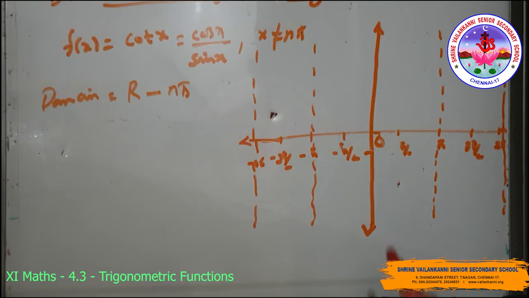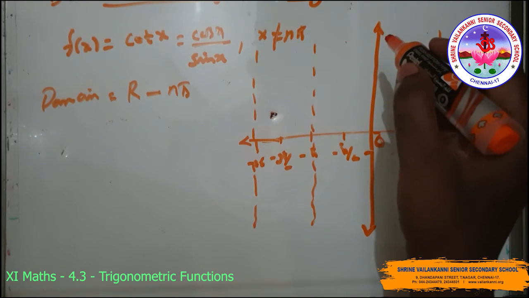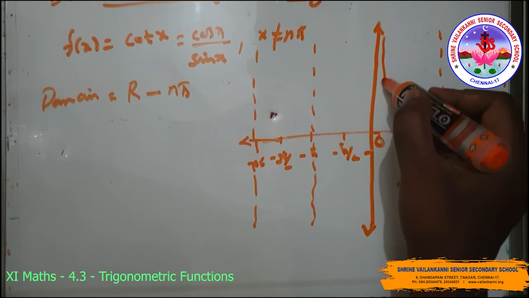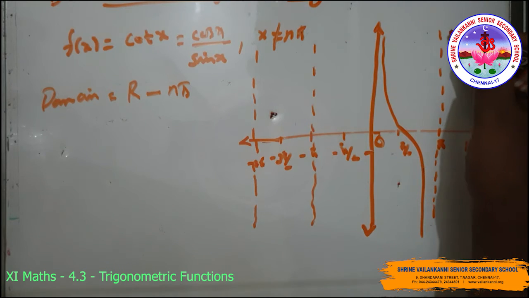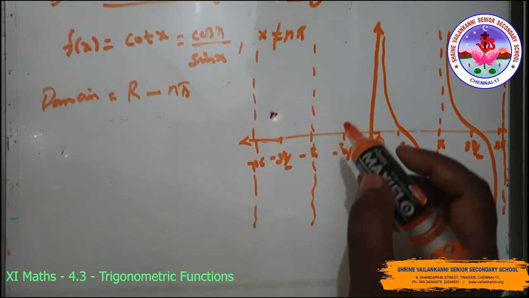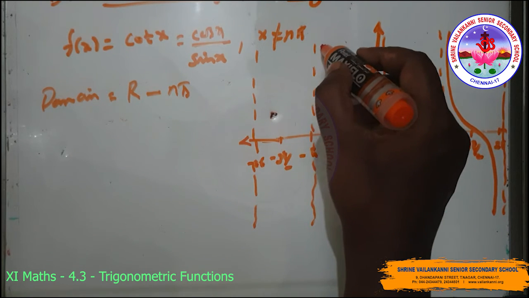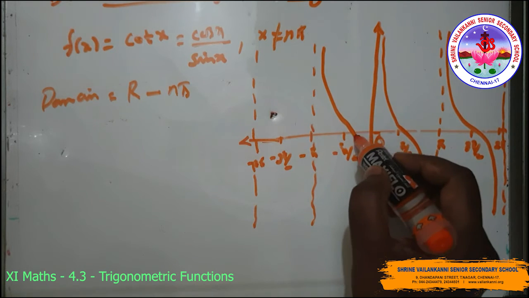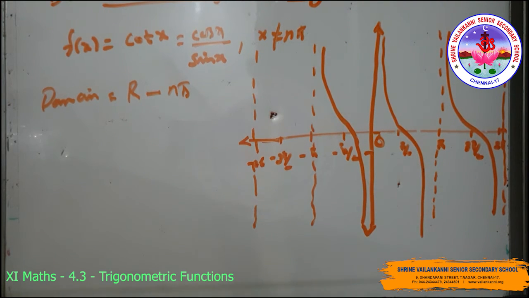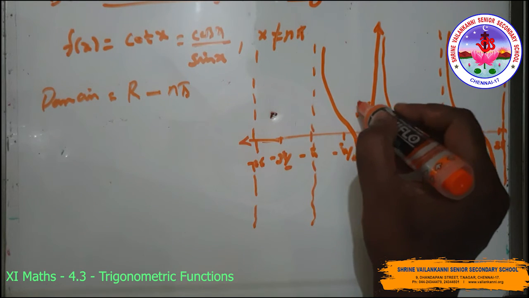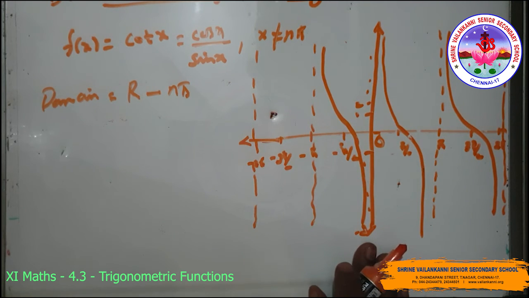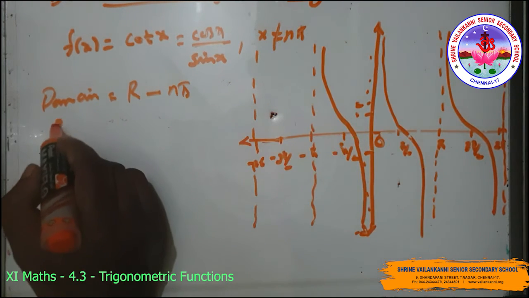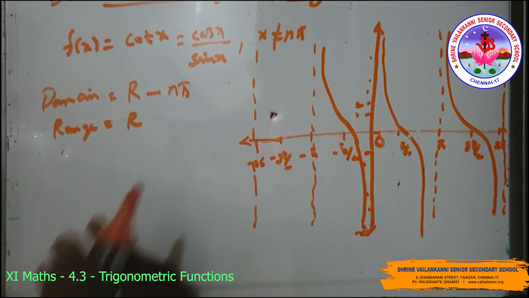Then we can draw the graph like this. Here it goes till infinity, and here it goes till minus infinity. So the range is between minus infinity and plus infinity, all real numbers.